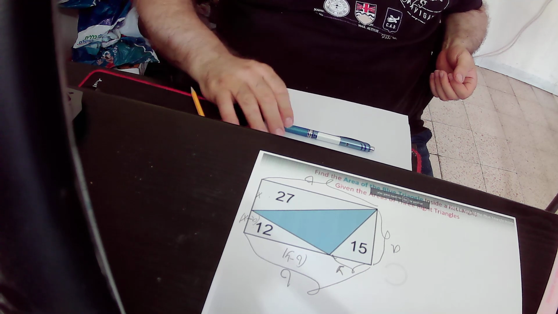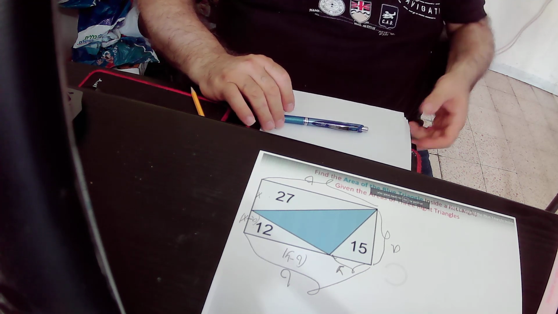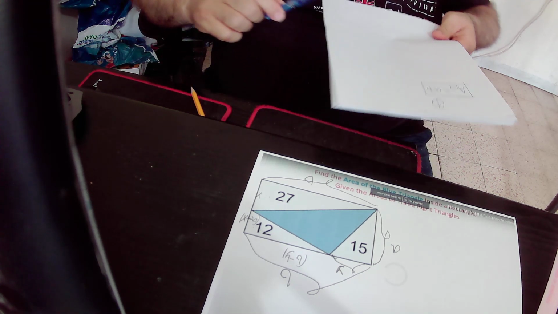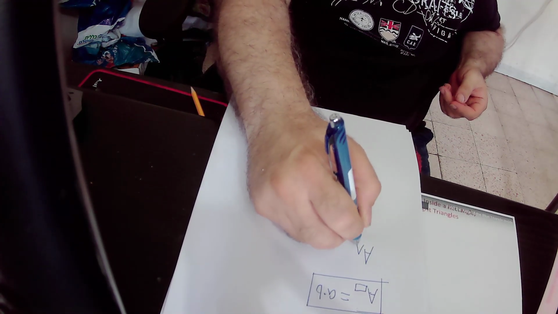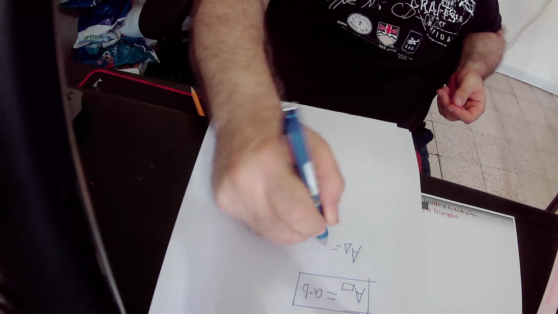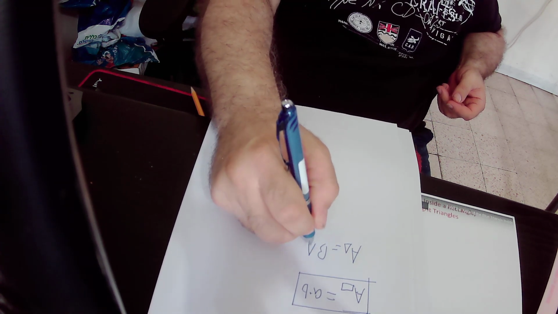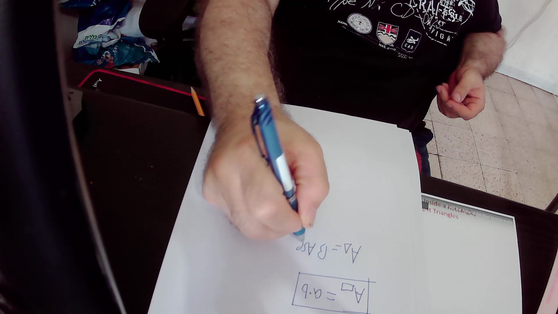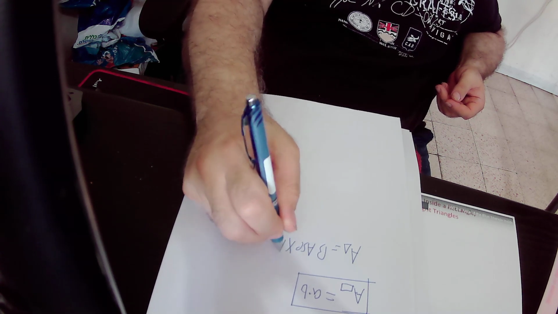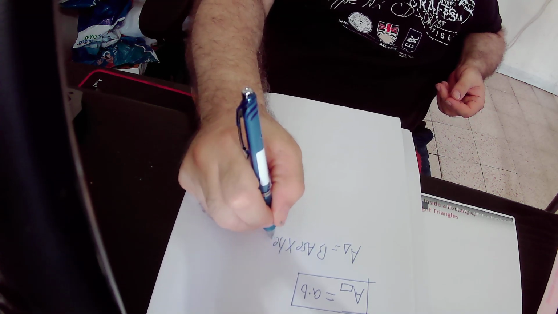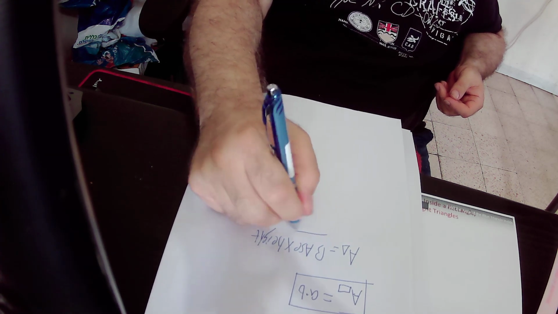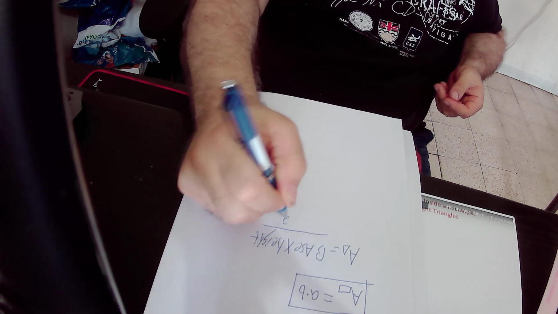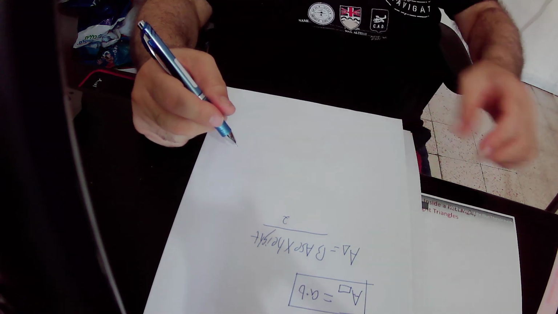The general formula for a triangle is the base of the triangle times the height to this base divided by 2 equals the area of a triangle.